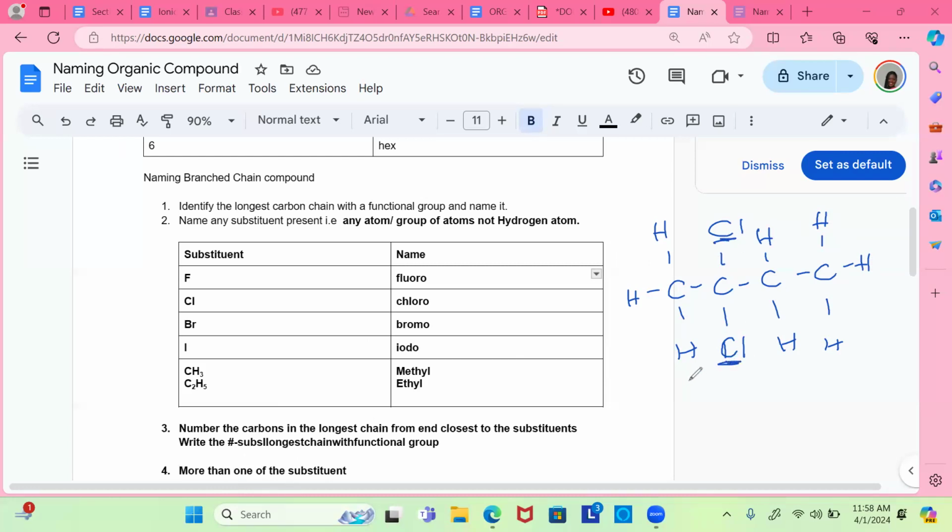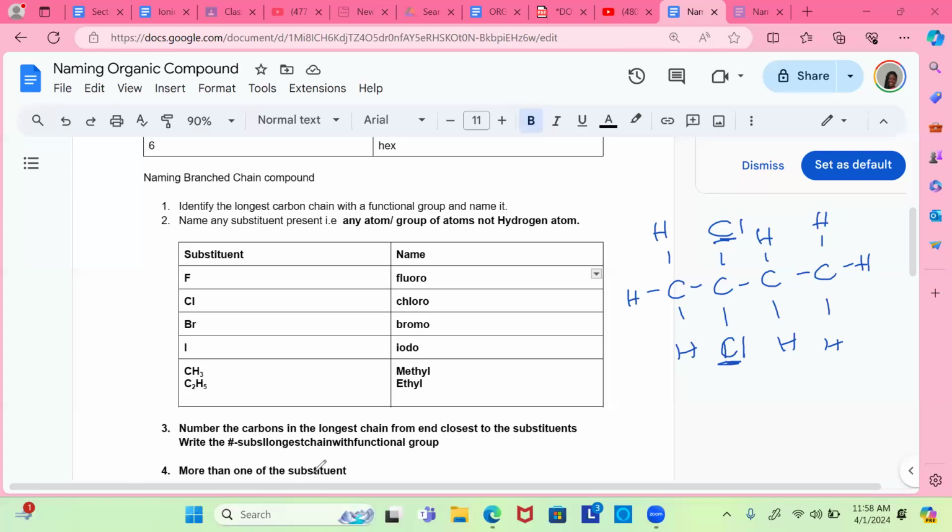I have more than one chloro. So when we're naming more than one substituent, we go to rule number 4. We identify the longest carbon chain, name it. Name any substituents, that is any atom other than carbon or hydrogen attached to the carbon. Then we number the carbons from the end closest to the substituents.